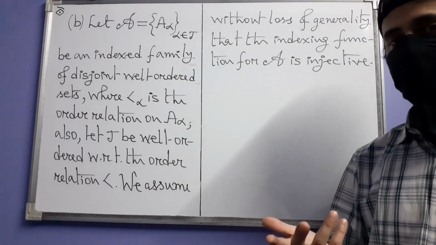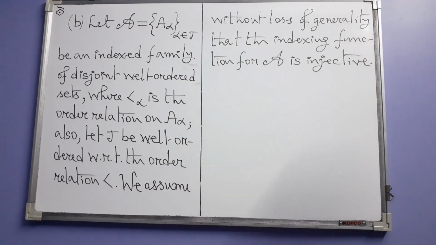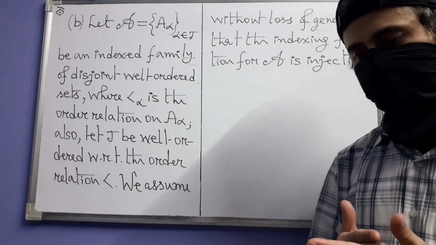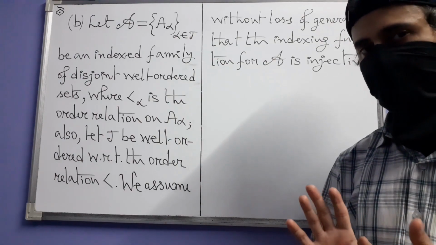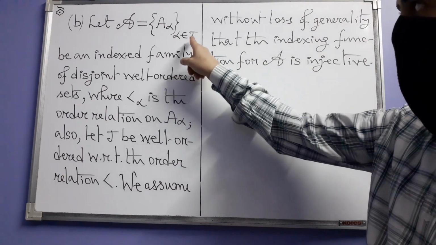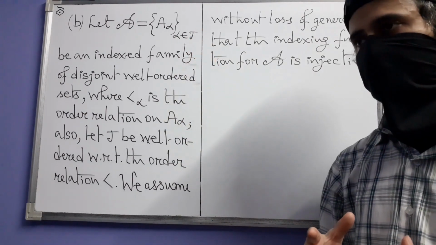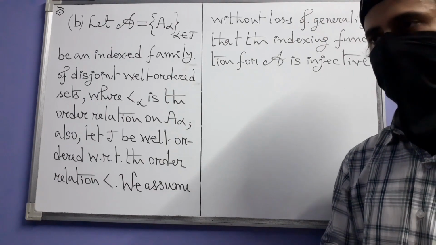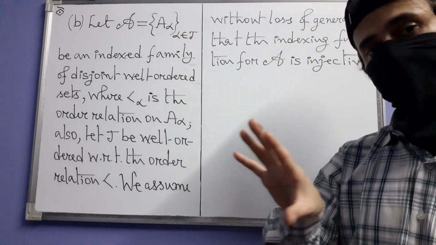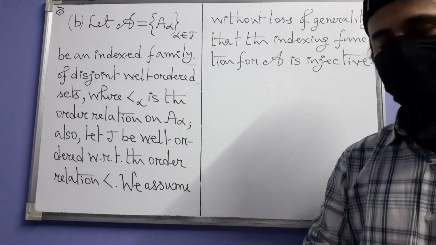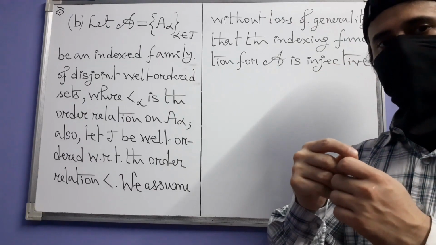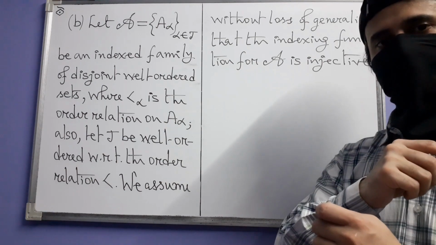What is indexing? Index function means what? An indexed family of sets is actually not simply a collection of sets. Strictly speaking, it's a function whose domain is J and whose codomain or range, whatever you want to call it, is a collection of sets in which those A alphas are there. And the function does what? It takes an index alpha as input and gives A alpha as output.